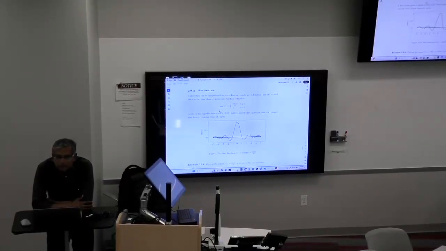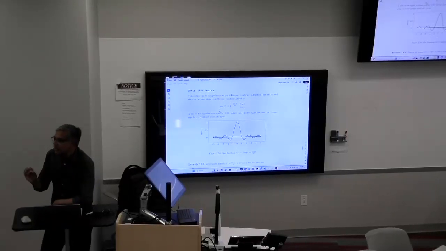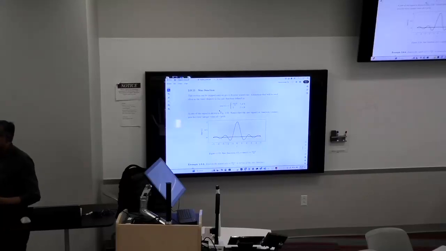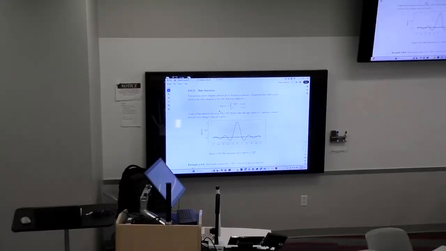Well, the problem with sine pi t over pi t is if t is 0, you get 0 over 0. So at t equal to 0, we're going to define it to be 1. So we avoid having to deal with 0 over 0. But it also makes the signal nice and continuous, because if you take the limit as t goes to 0, this function is indeed 1. So when I plot the signal, you get something very nice and smooth, like this.